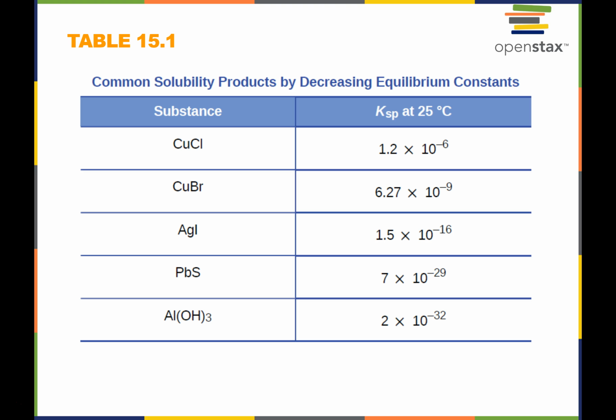The products are on the top, so if it's small, it means you don't have much on the top, but you have a lot on the bottom. So a small Kc favors the reactant side, and the reactant side in these equilibria is the salt in its solid state.